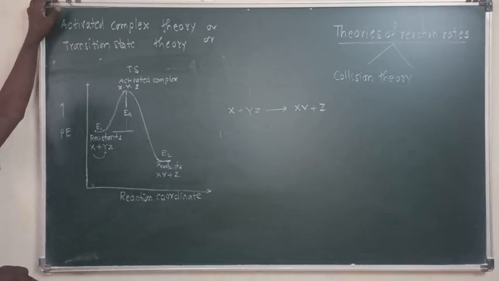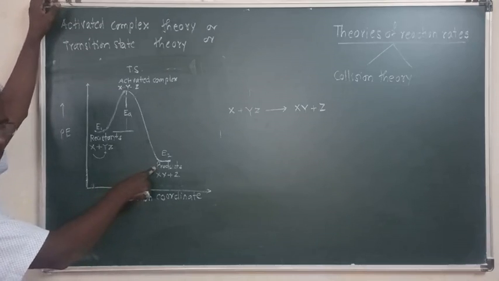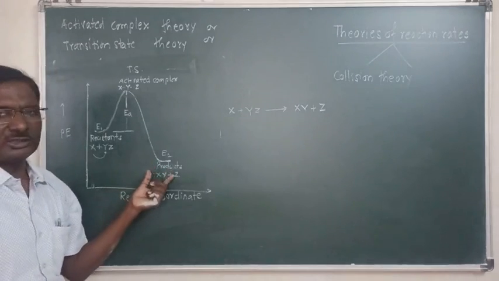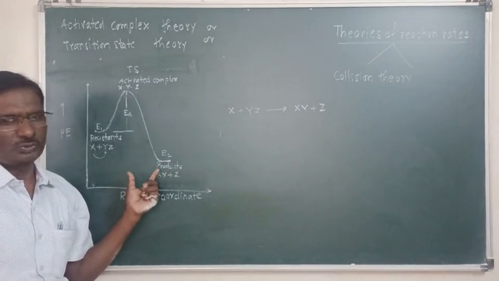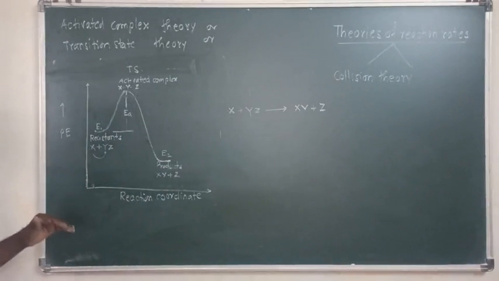This complex decomposes at a definite rate to form the products, and potential energy drops to E2. Therefore, this diagram is very important whenever we explain this theory.